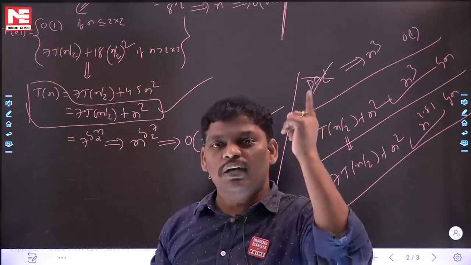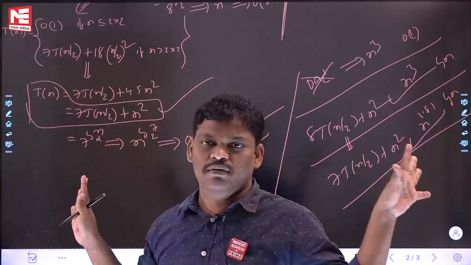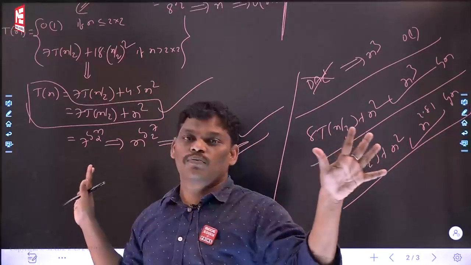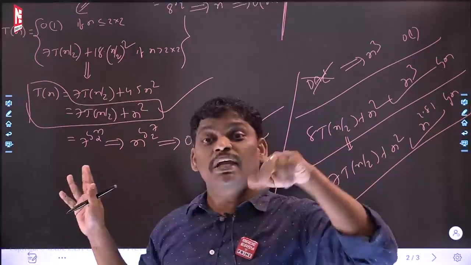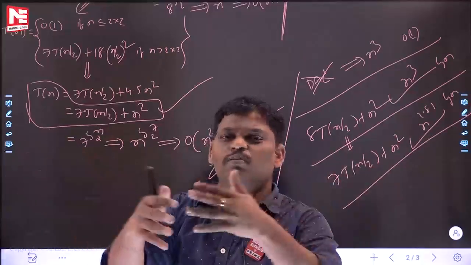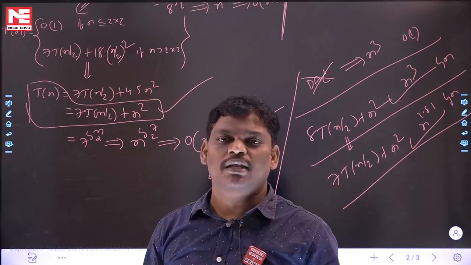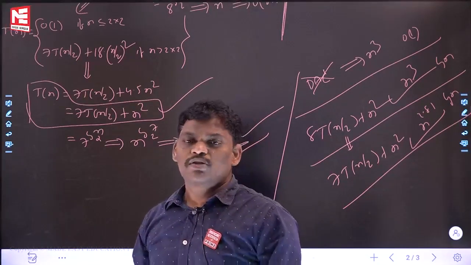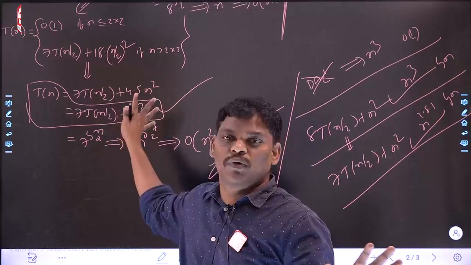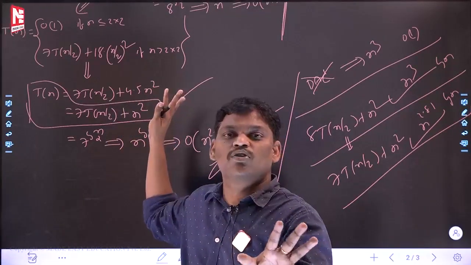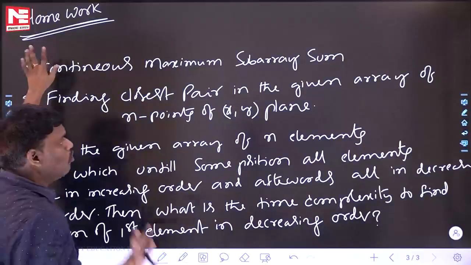Those who are interested, please go through the proof: how 8 becomes 7, how 4 additions become 18 additions. There are 10 equations. So, whatever is necessary, I am keeping in your notes. 7 applications I said, please take care. I want to give you homework.